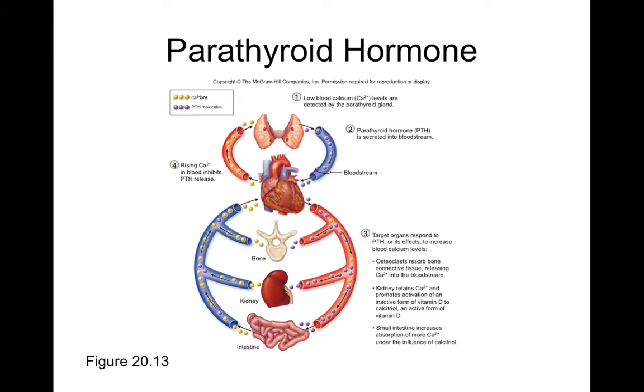So sometimes hyperparathyroidism could be a sign of cancer. If someone has hyperparathyroidism from a secreting tumor, they're going to have abnormally elevated blood calcium, and also brittle bones, because their bones are going to be broken down by that parathyroid hormone stimulating osteoclasts in their bones.